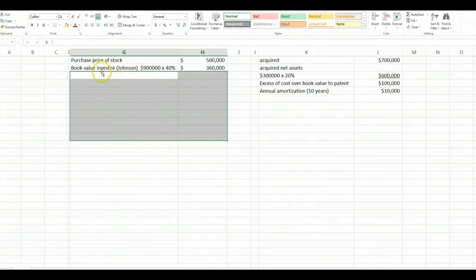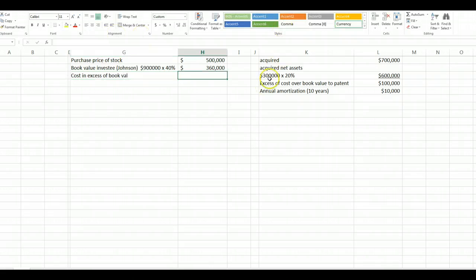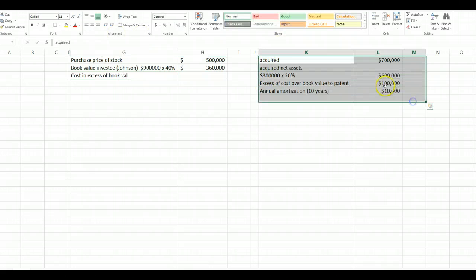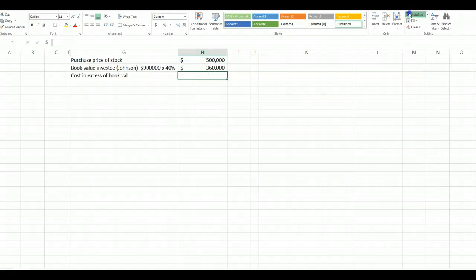Okay? Now, the difference, the cost in excess of book value is $140,000.